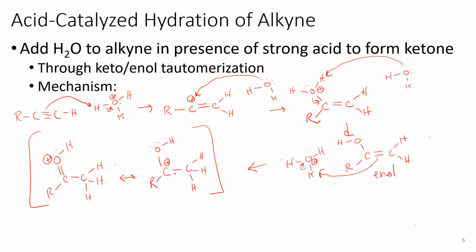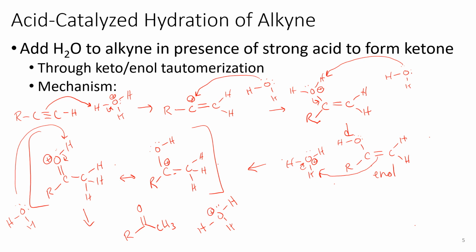It is then that resonance form that reacts with the water that we created to deprotonate to get us back to our final ketone, as well as getting back our acid.